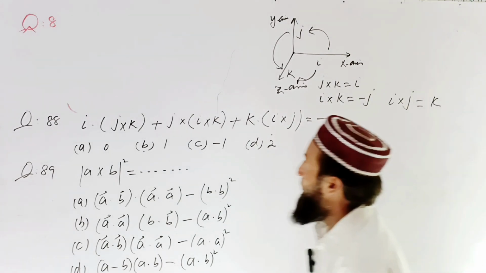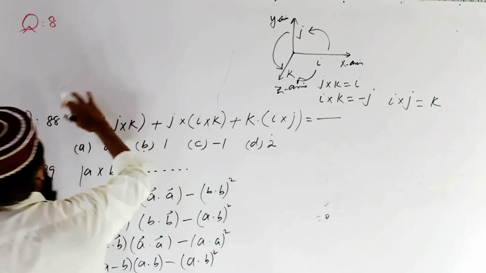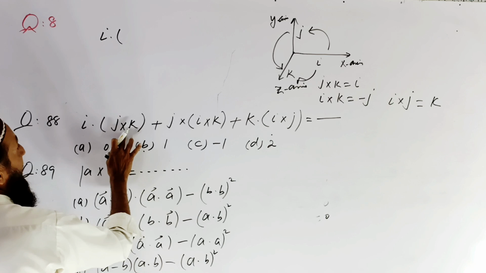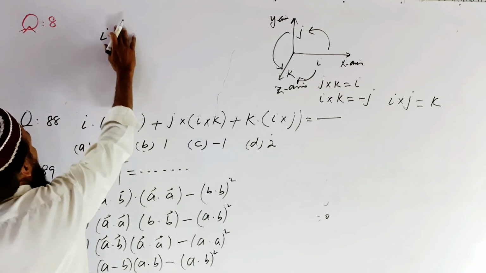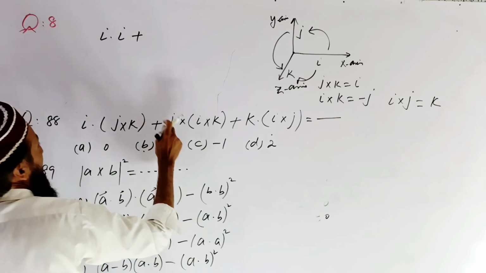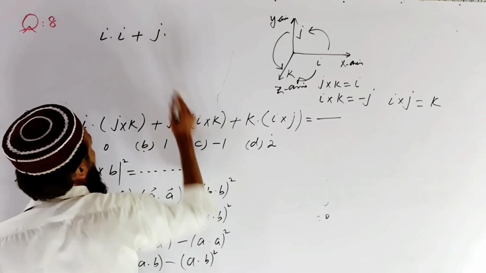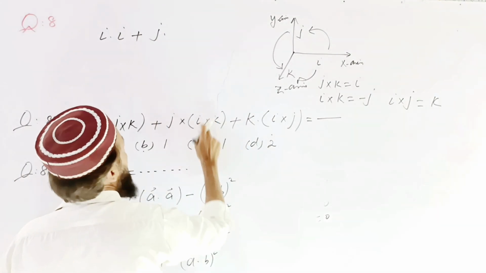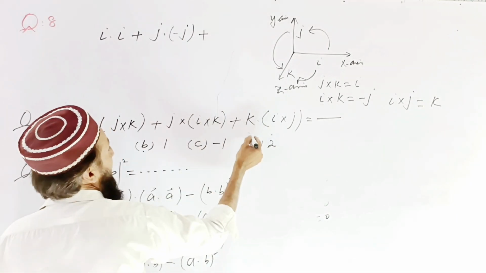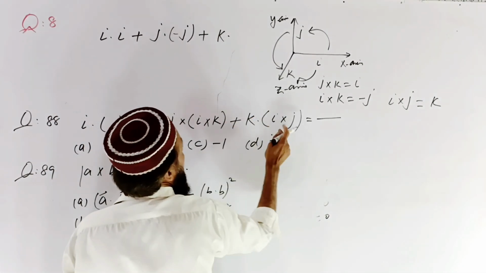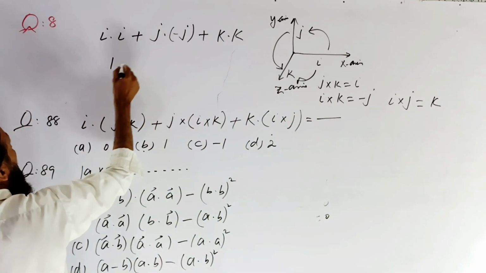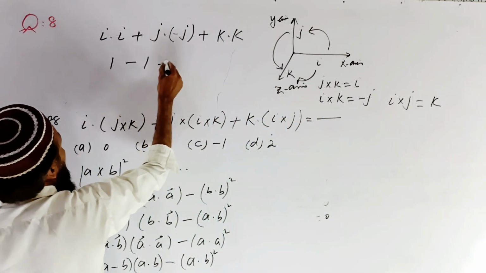So these are the results if we substitute here. J cross K we get I, plus J dot I cross K we get minus J, plus K dot I cross J we get K. So the result here is 1, minus 1 and plus 1.